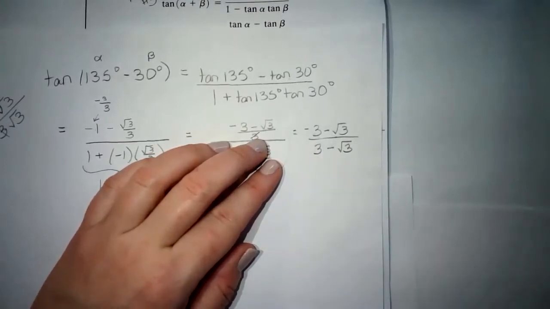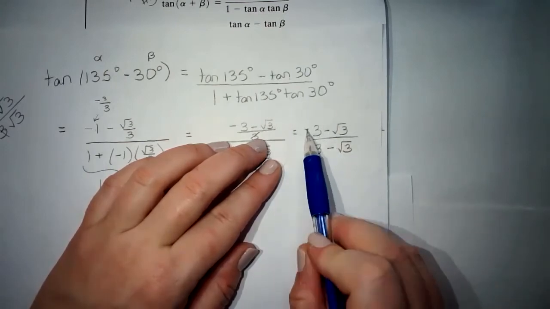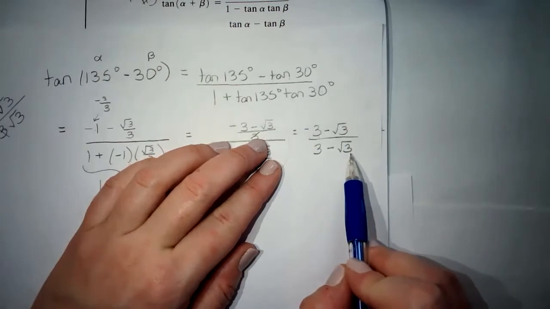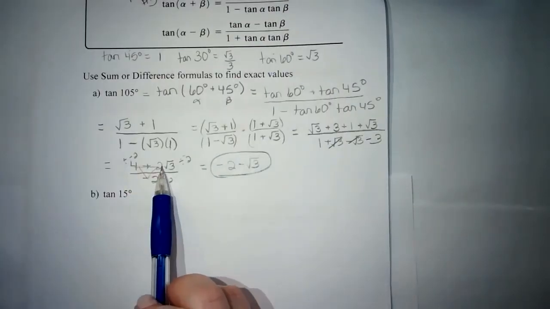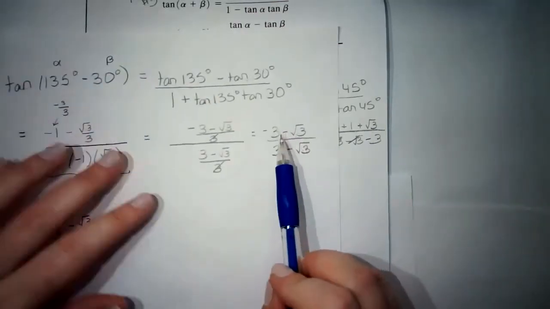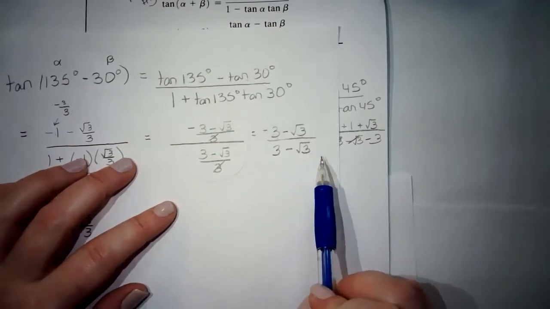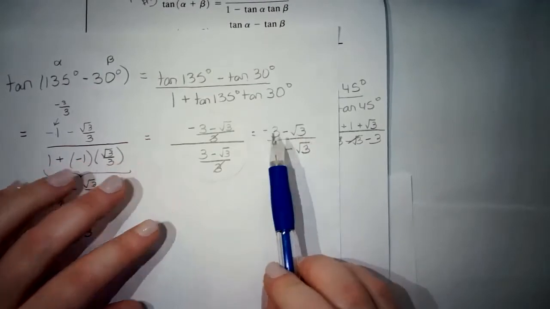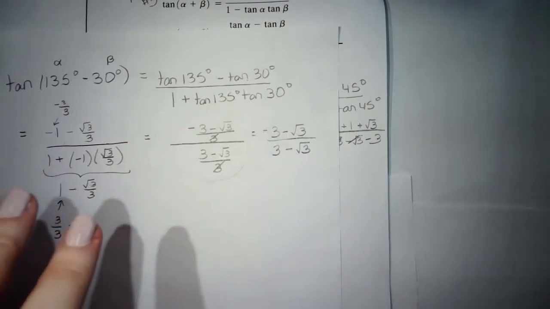So the only way you can cancel in this situation is if you can divide it out of every single term. See, the reason we could cancel here is because I could divide it out of every single term. But here, I can't divide a 3 out of every single term because I'm not allowed under here. Does that make sense?